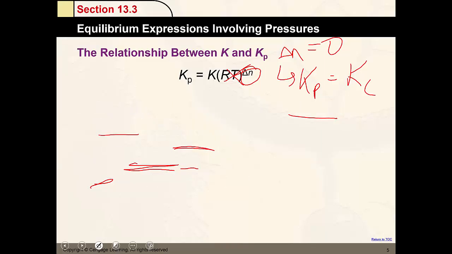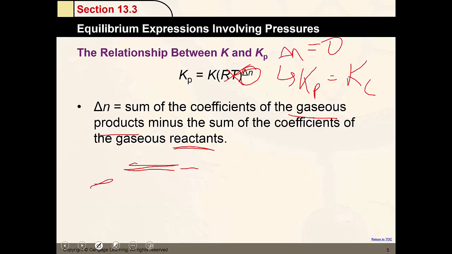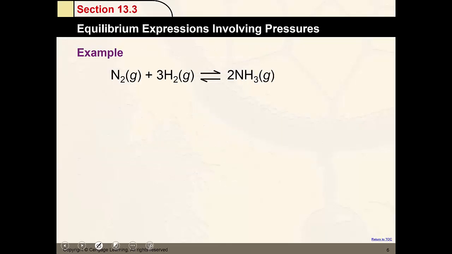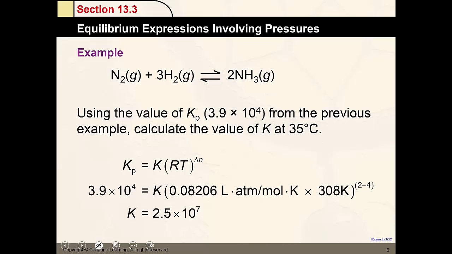Okay, so using the example we just did, the Haber process, the production of NH3, we got this value of Kp. Now, we want to calculate for Kc. So we use this equation, and what we can do as well is rearrange it and solve for K, or Kc.